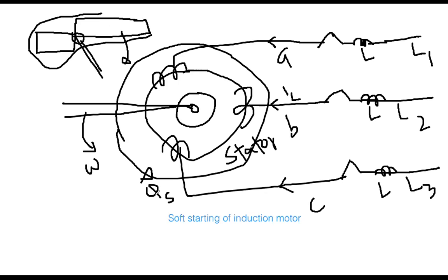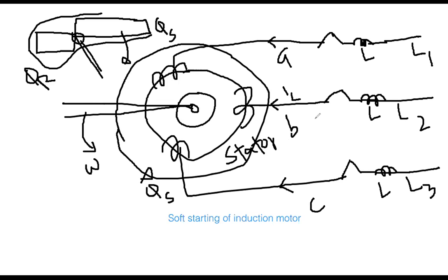If you say this side is phi s, then this side is phi r, the rotor magnetic field. So the actual shaft movement or rotor rotation is determined by the direction of the magnetic field of the stator. That is the meaning.